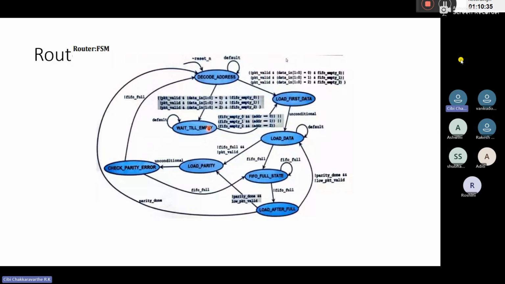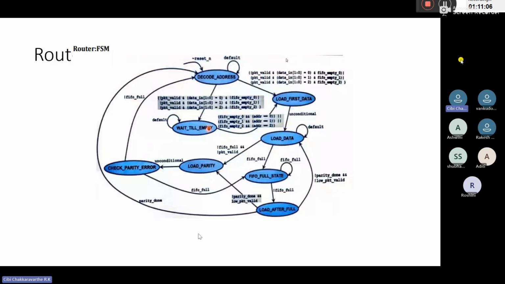After getting some space in the FIFO, we check whether the data is minimum or we are once again going to load a huge amount of data as before. To check that, if it is not low packet valid, we once again move to the load data state, and this process continues. This is why we are using this low packet valid.